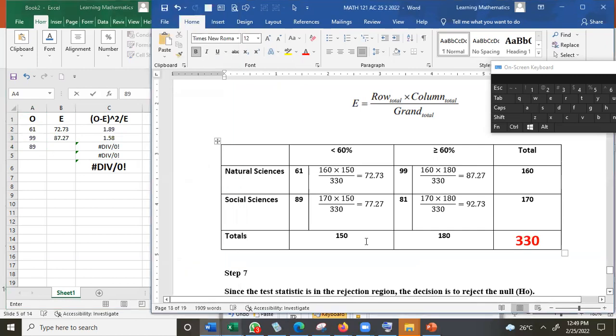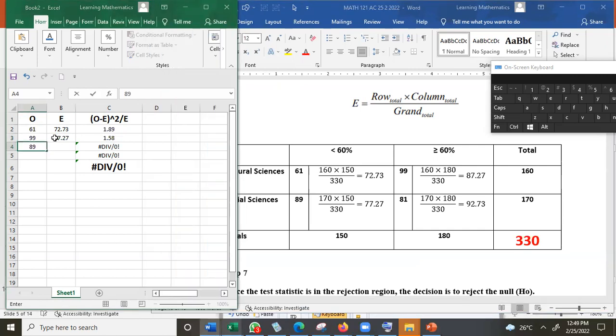Its E is 77.27. The next O is 81, and its E is 92.73. And here we have our chi-square contributions, 4 of them, and the chi-square test statistic is 6.73.